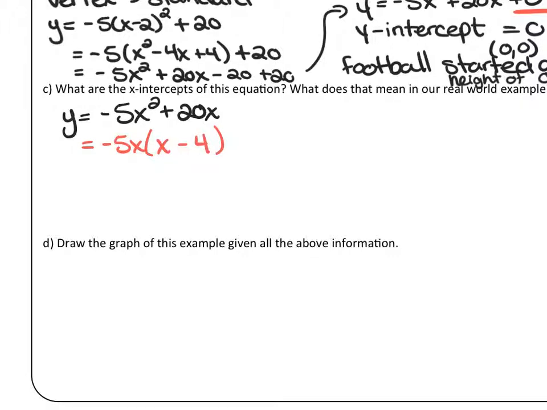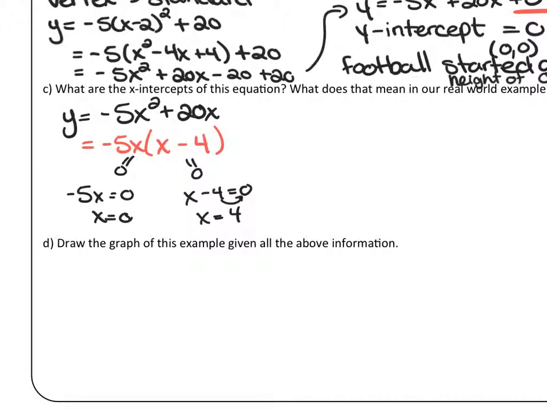So the question is, what are the factors, or what are the x-intercepts? Remember, we set them equal to 0 and solve. If negative 5x equals 0, divide both sides by negative 5, and we get that x is 0. And for x minus 4 equals 0, x equals 4 when we move that 4 over to the other side.